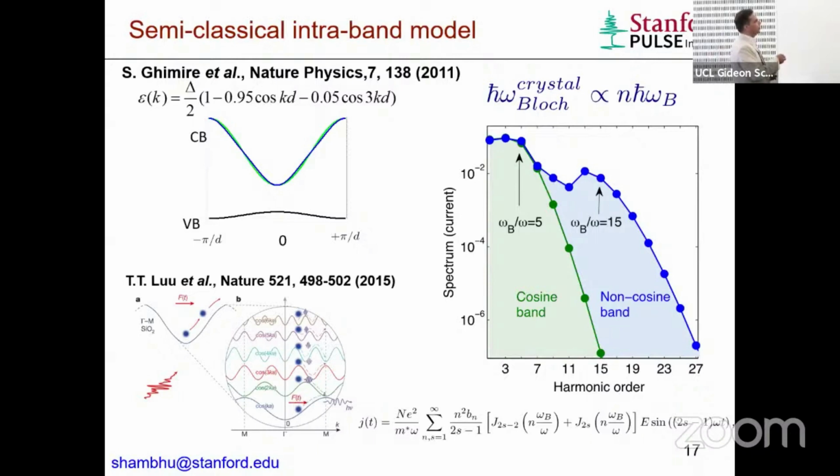These are two harmonic spectra. This green curve is for the green conduction band, and this blue curve is for the corresponding blue one. They are different by a very small amount, but in the harmonic spectra you see a big difference. So this is the strength of the nonlinear process: if you know how to exploit it, it's very sensitive.